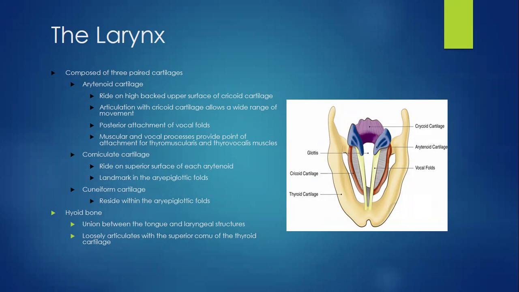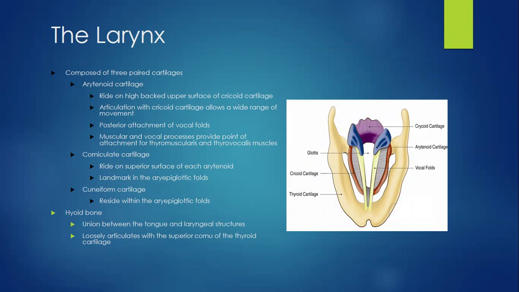In the back, you have the arytenoid cartilage that sits there. There are two of them. They have a pyramidal shape, and so they sit in the back of the cricoid. And this also serves as the posterior attachment of the vocal folds, right? So the arytenoids are very important.